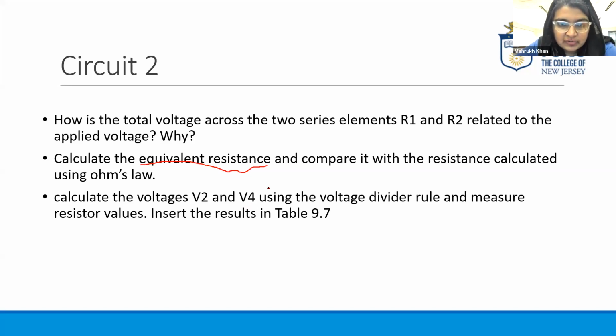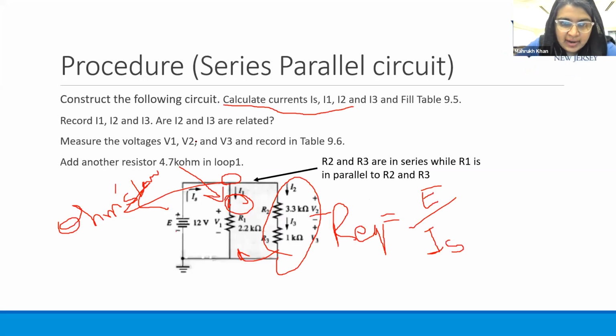And measure resistor values, insert the results in table 9.7. So this should be V3. These three questions you will answer after adding 4.7 kilo ohms.